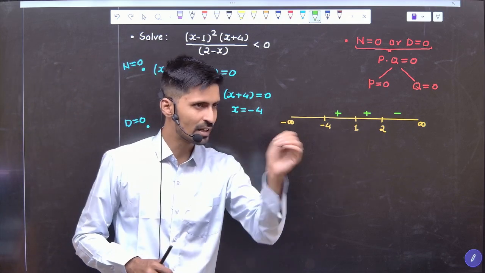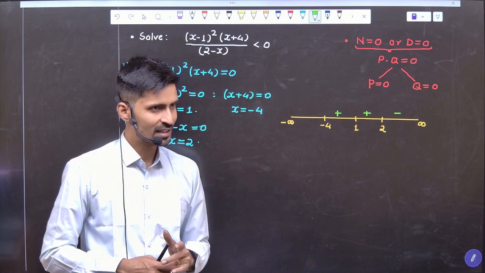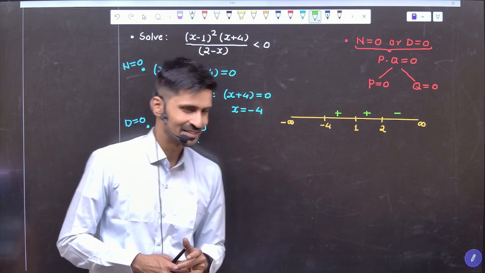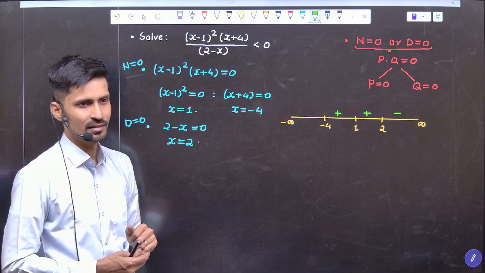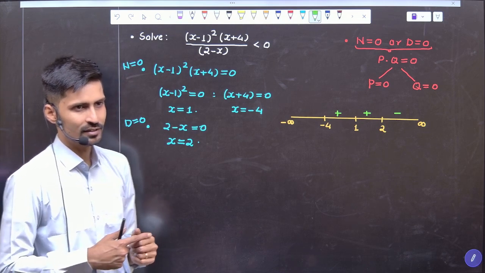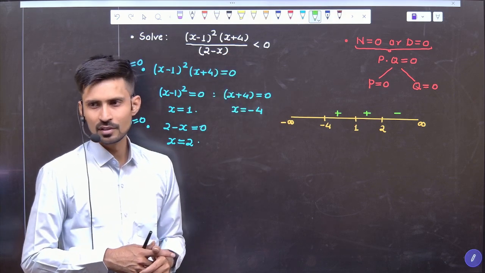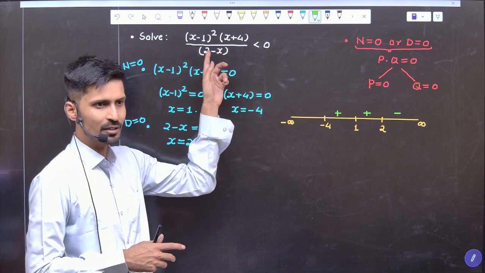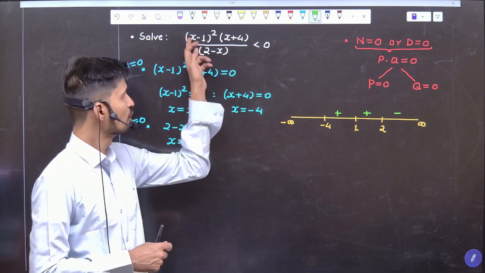Minus infinity to minus 4. Tell me one number except minus 5. Minus 6. Very good, correct. Minus 6 minus 1 is minus 7, square, 49 positive. Minus 6 plus 4 is minus 2, negative. Positive into negative, so numerator is negative.